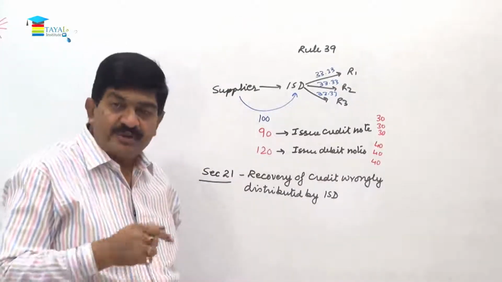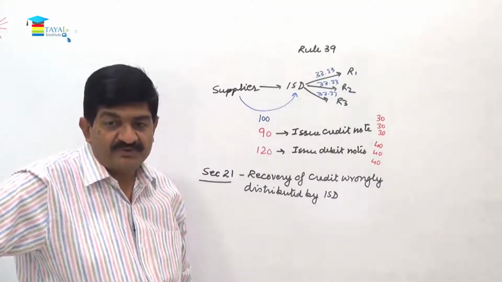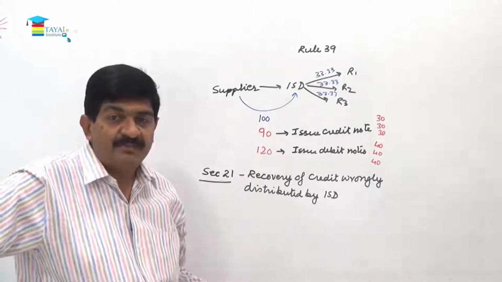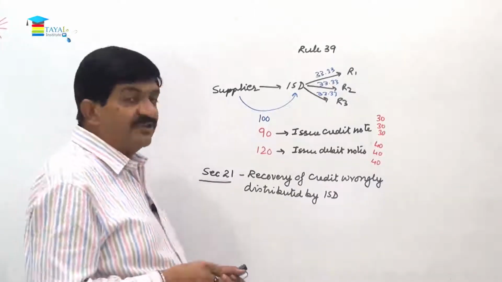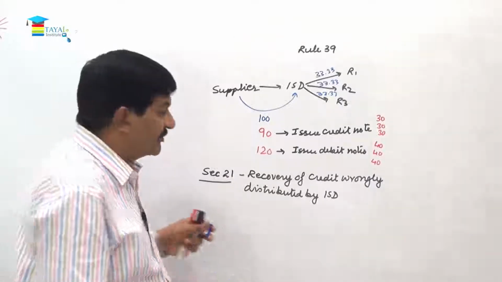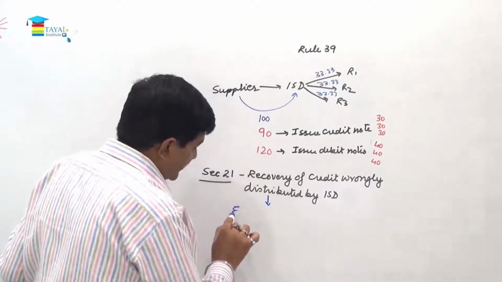So in section 20 we already said that the amount of credit that can be distributed by the input service distributor is not to exceed the amount of the credit actually available. But for some reason, if it transfers more, then excess amount becomes recoverable in accordance with provisions of section 73 and 74.